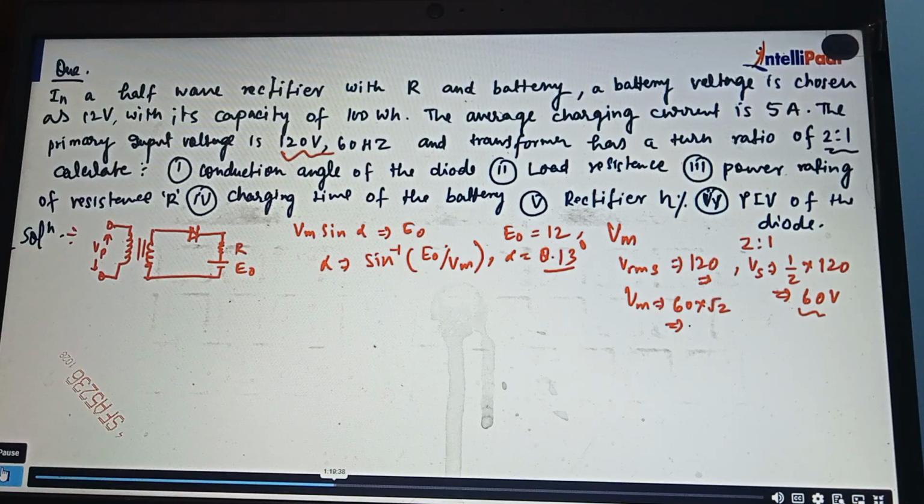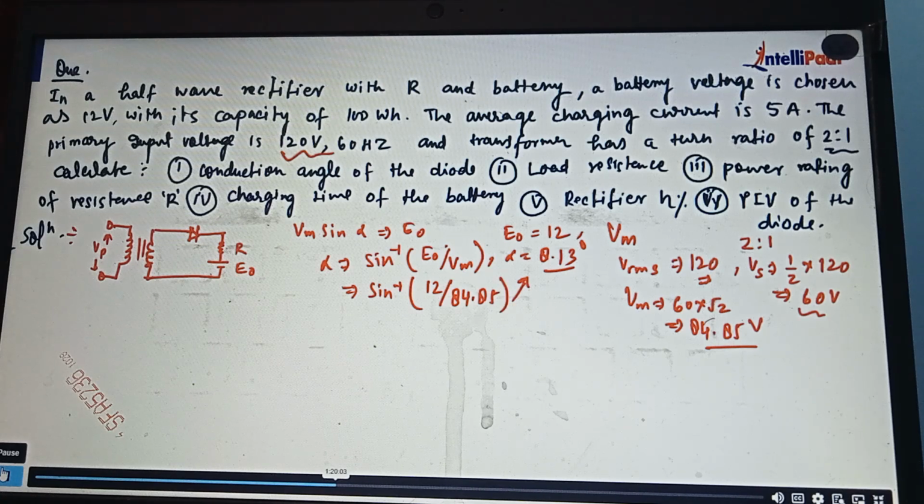So Vm, how do we calculate? What is 60 into root 2? Let me take a calculator. So 60 multiplied by root 2 is 84.85 volt. Now take this sine inverse. E naught is 12 divided by 84.85.